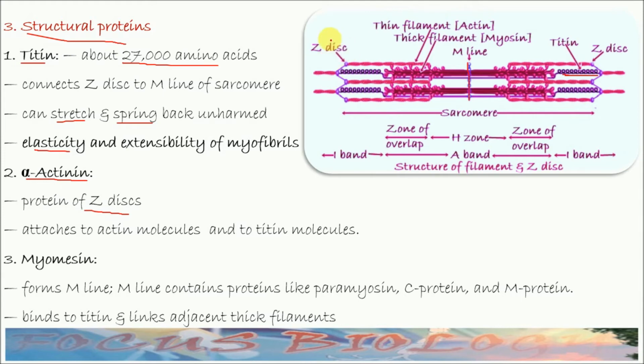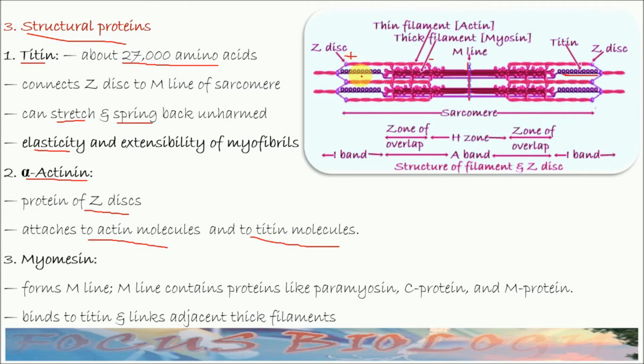This G disc remains associated with the thin filament, and here it is the plus end of thin filament, and this is the minus end of thin filament. Here is another protein, cap Z protein, right? This alpha actinin attaches to actin molecules and to titin molecules also.